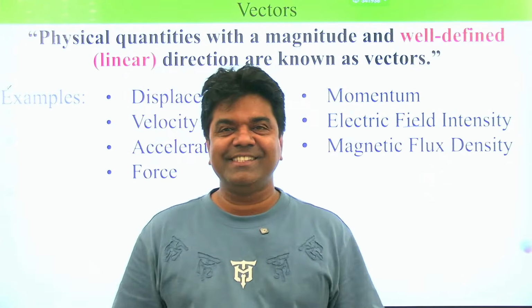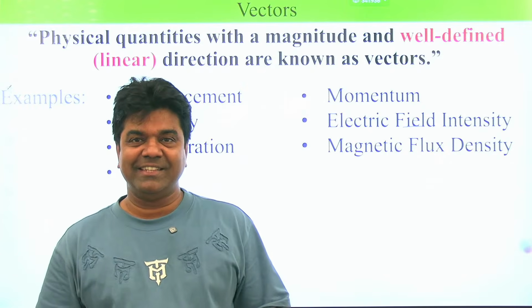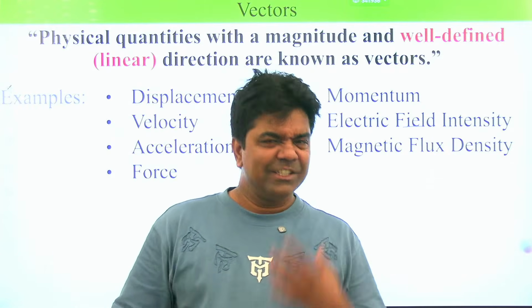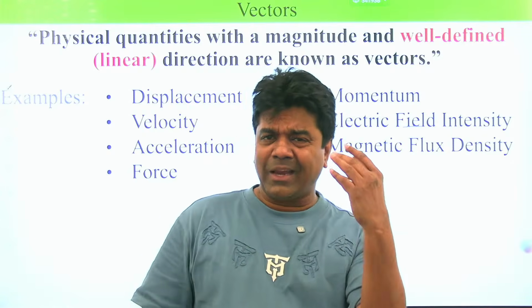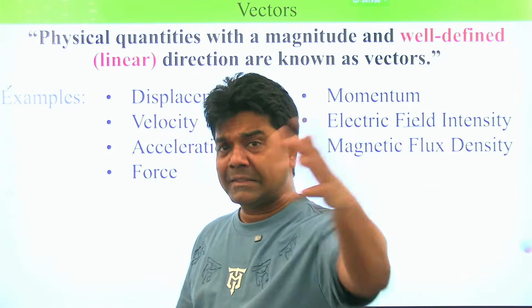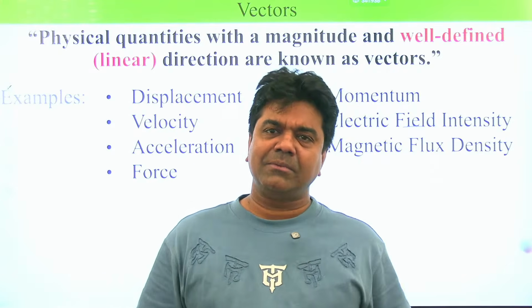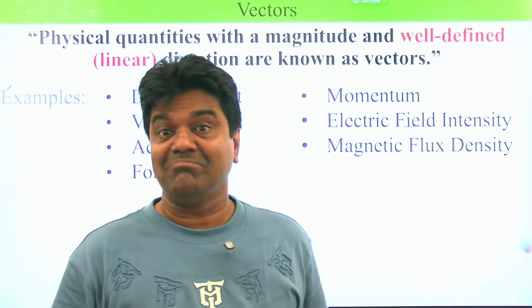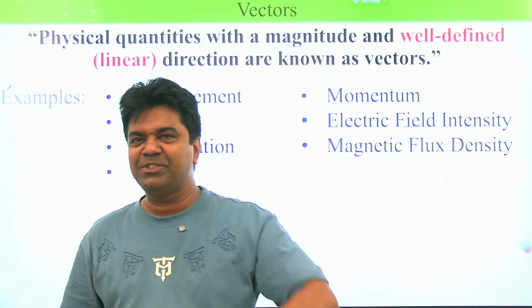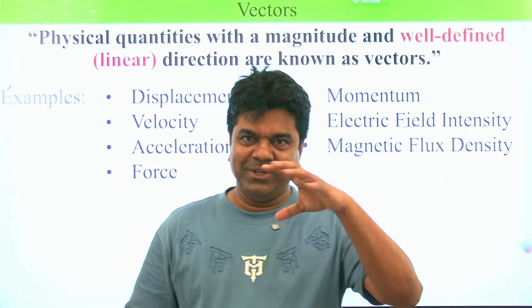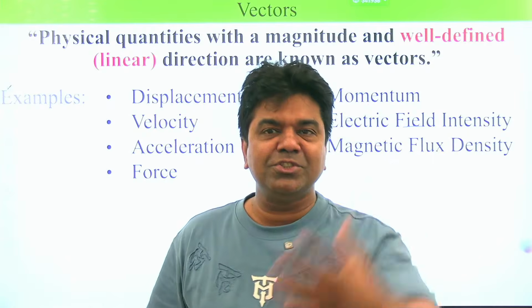Magnetic flux density we are learning in unit number 7, and so on. And let me tell you, in higher subject matters, like at university level, you sometimes consider current as a vector. That is something very serious you need to understand. It is based on the definitions you make.